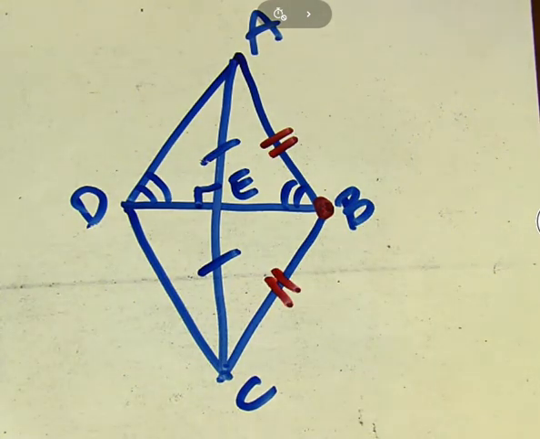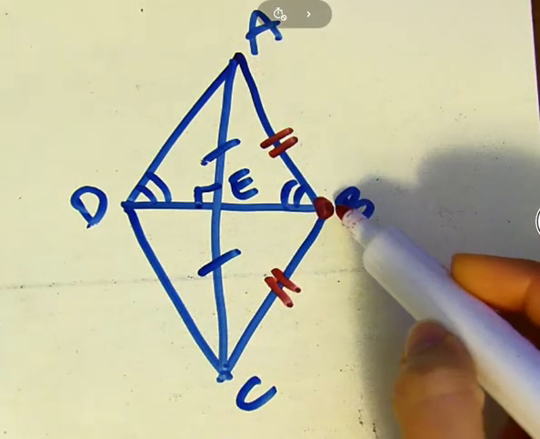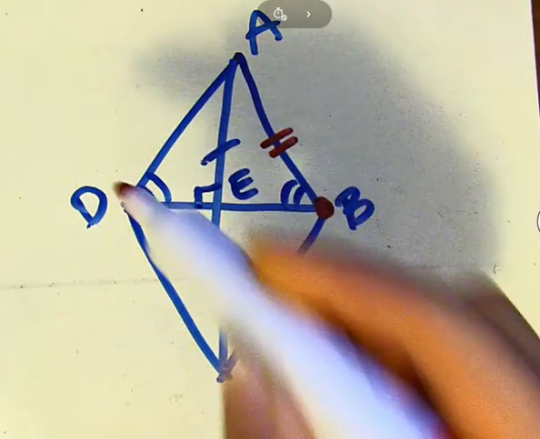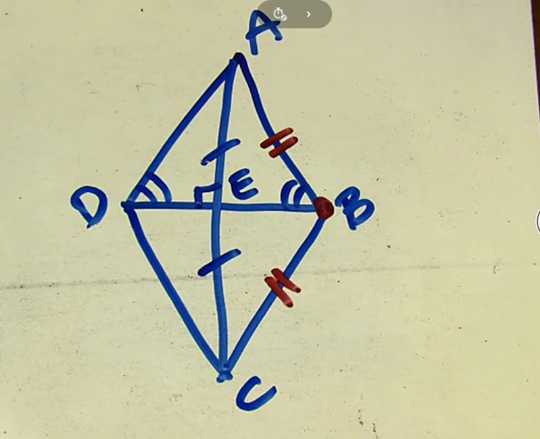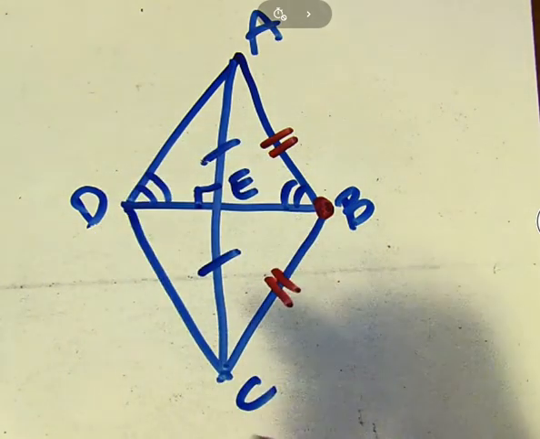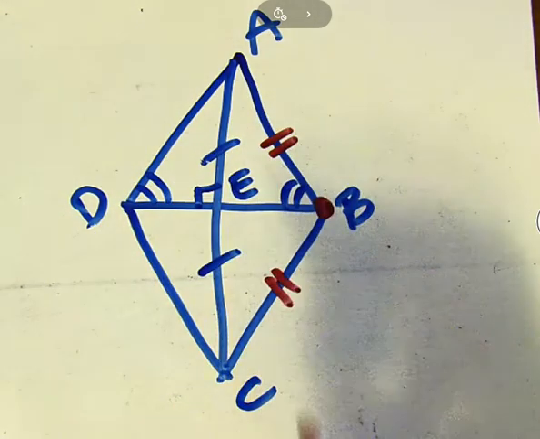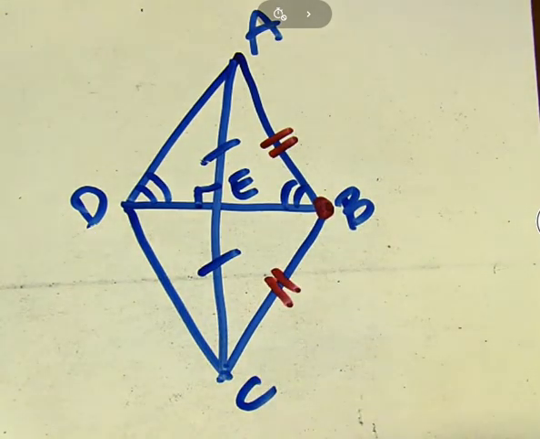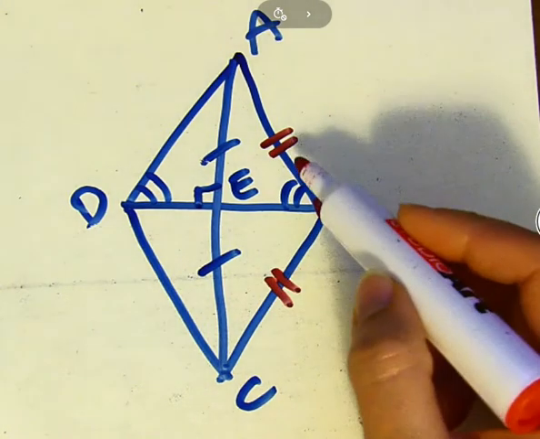Now, if I can prove that AB is congruent to AD somehow, then I've got three sides congruent to one another. And if I repeat that method again, I can prove that CD is also congruent to the other three sides, therefore making this quadrilateral a rhombus. So again, let me go over this one more time.